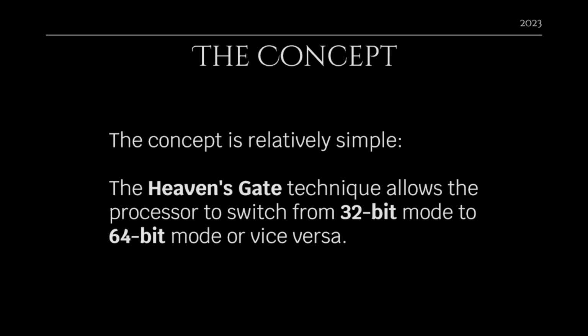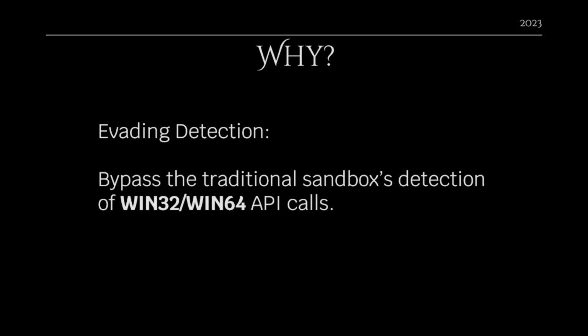Most of the time, malware developers implement this technique to make the reverser's life harder. They want us to take more time to analyze it. This technique could also evade detection, for example, it could bypass traditional sandbox detection of Win32-bit or Win64 API calls.